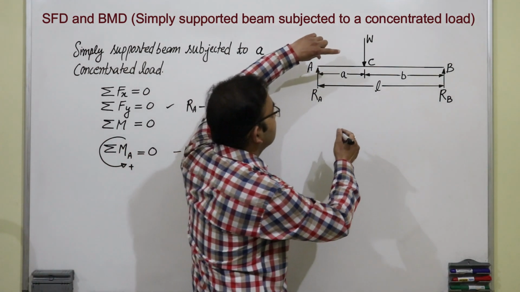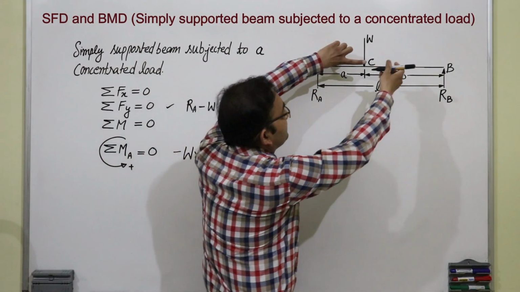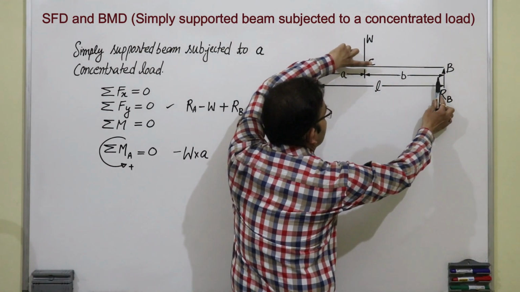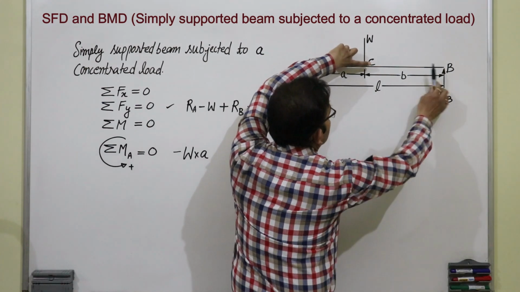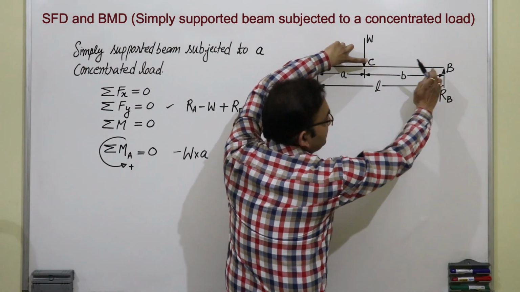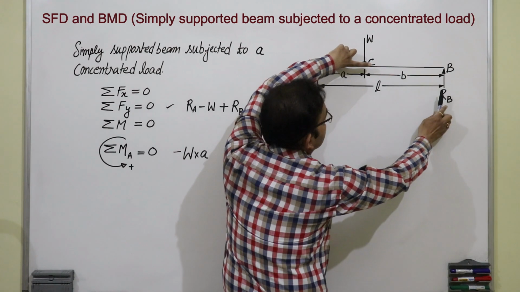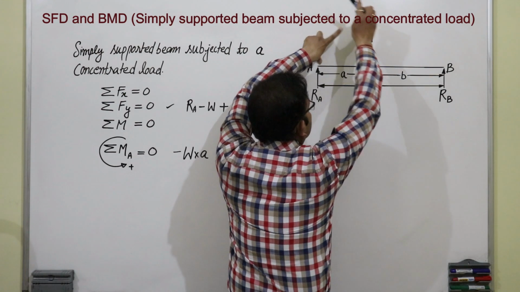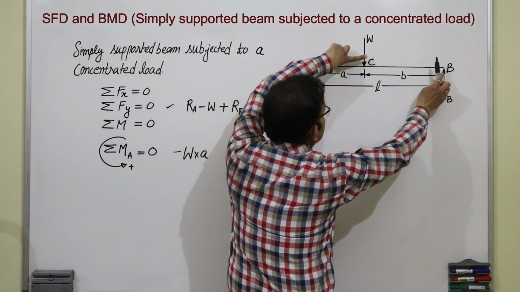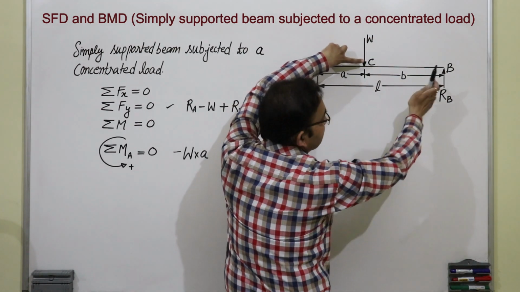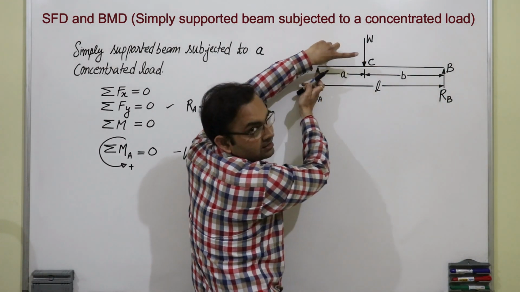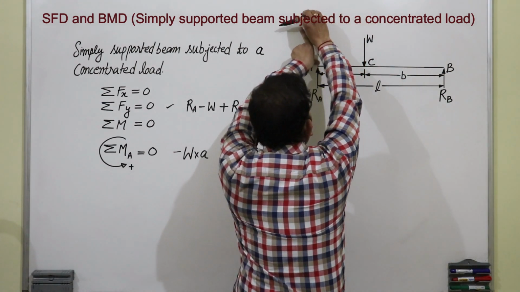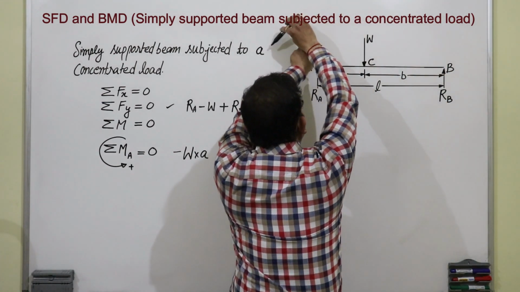Second, we are taking moment about point A and force RB is acting upward. So this is force and this is the perpendicular distance. Perpendicular distance is L. So force will apply here and it will rotate like this, in anti-clockwise direction.